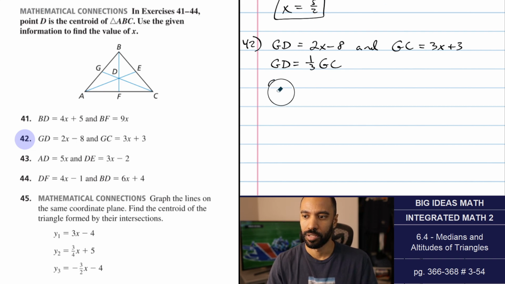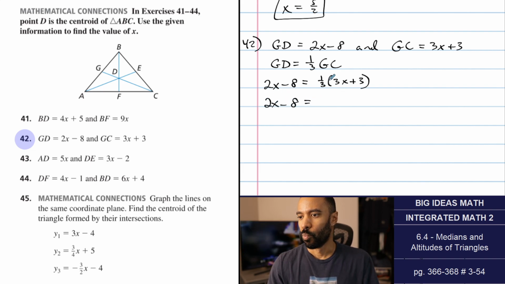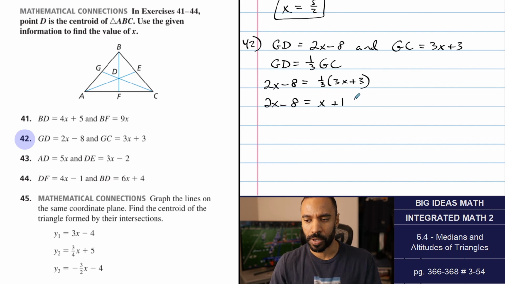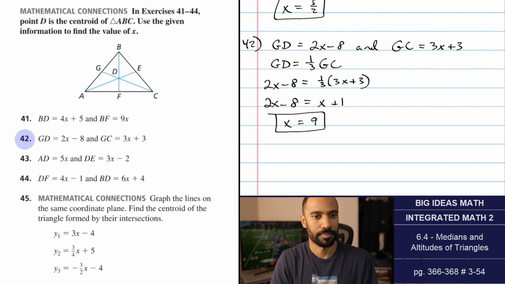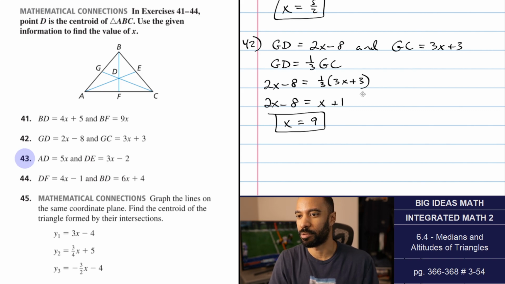Let's substitute. Therefore, 2x minus 8 is 1/3 of 3x plus 3. Let's distribute that, right? Divide these by 3, you get x plus 1. Subtract x from both sides, add 8 to both sides, you get x equals 9. Good, these questions are a little faster, and with knowledge that we got to already apply.